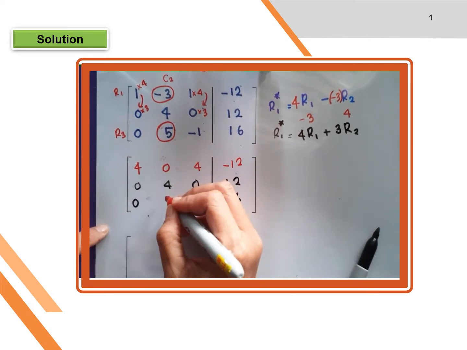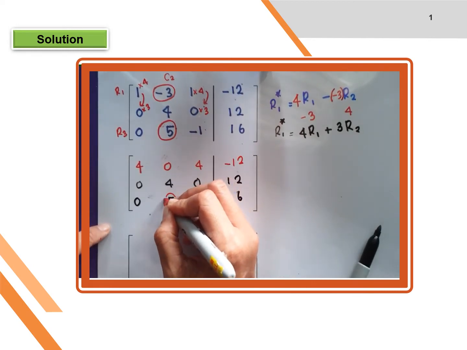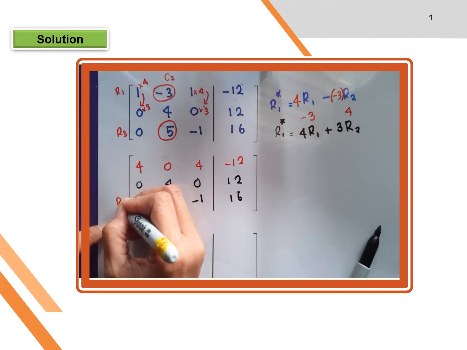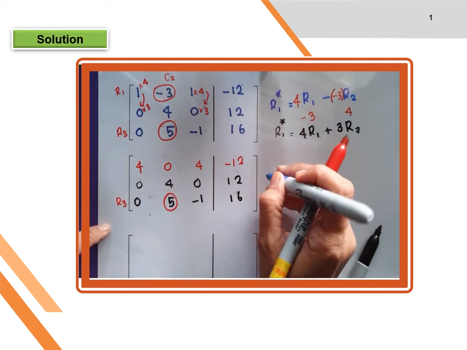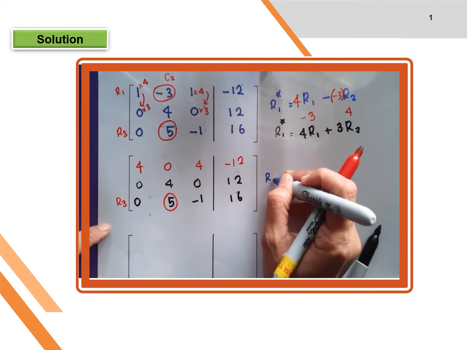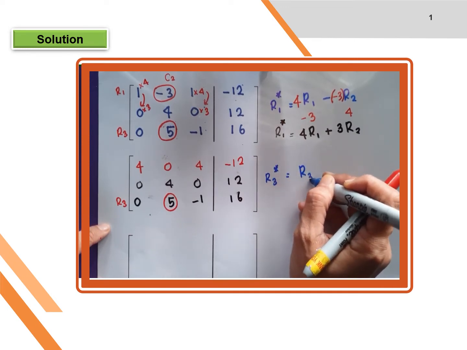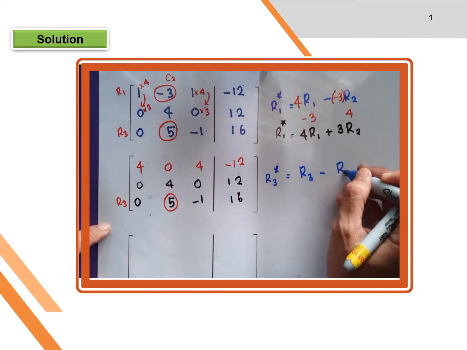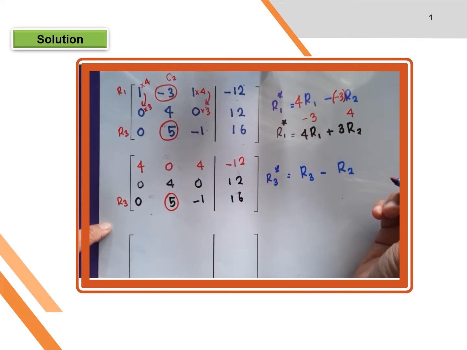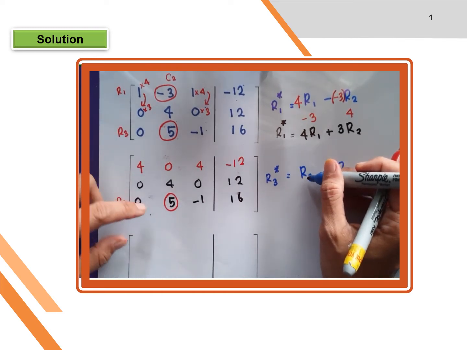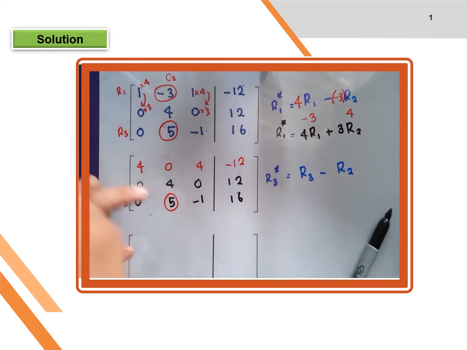And then next, we are going to obtain 0 for row number 3. The formula is row number 3, R3 minus row number 2. Then the number in row number 3 is 5.